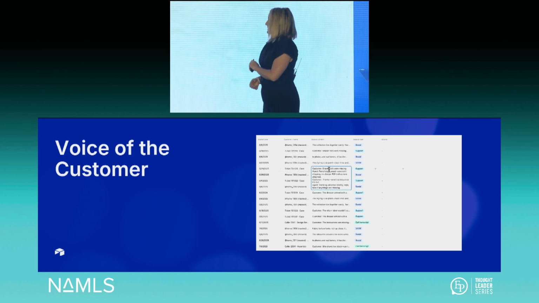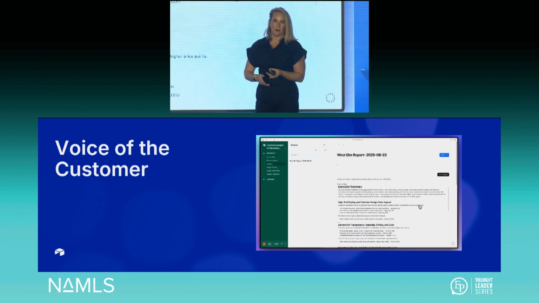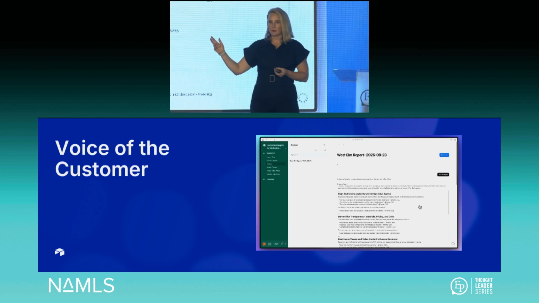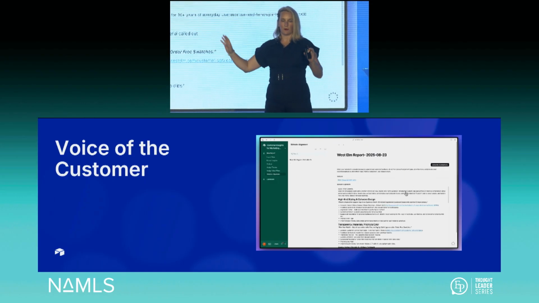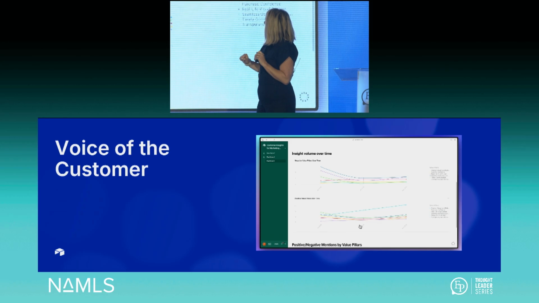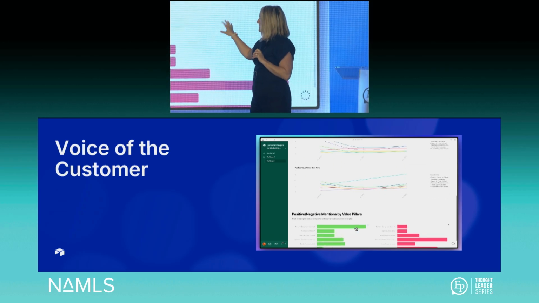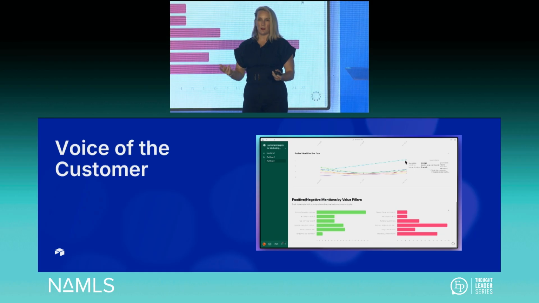So let's take a look at what this one looks like. We're gonna start with a CSV that we put in, and we're gonna ask it to summarize, tag, and orchestrate or organize all of our data. We'll ask it to build some dashboards with some sentiment analysis and things like that. So you start with the CSV and then you ask it to go.